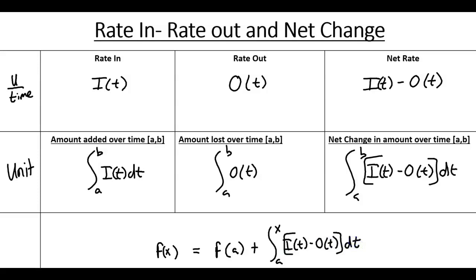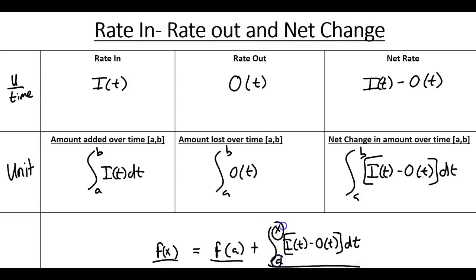Hopefully you know what all these parts are. There's actually a homework problem where you're asked to label what each piece means, so if you get stuck on that, you'll want to come back to this. But here we go. This is the final amount, which is equal to the starting amount added to the net change.